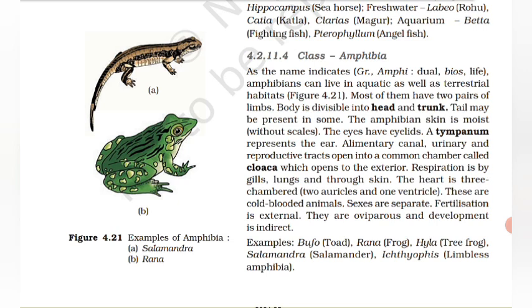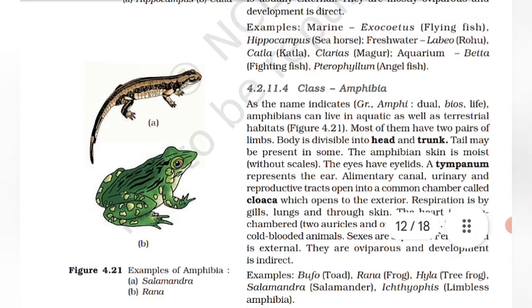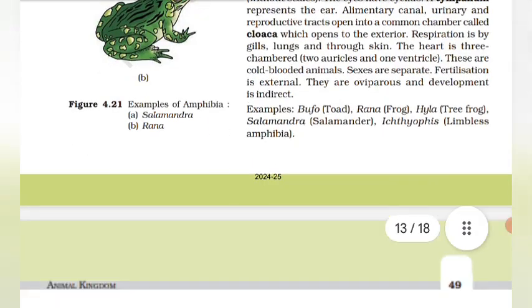Class Mammalia. They are found in a variety of habitats, that is polar ice caps, deserts, mountains, forests, grasslands, and dark caves. Some of them have adapted to fly or live in water. The most unique mammalian characteristic is the presence of milk-producing glands, that is mammary glands, by which the young ones are nourished.